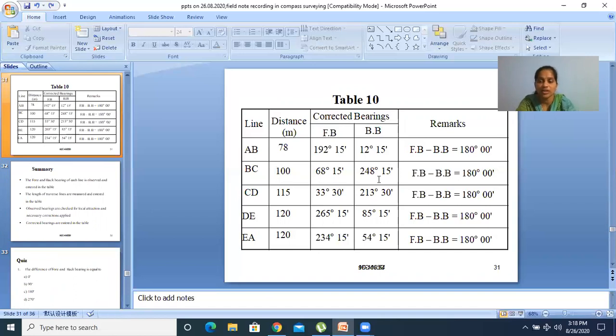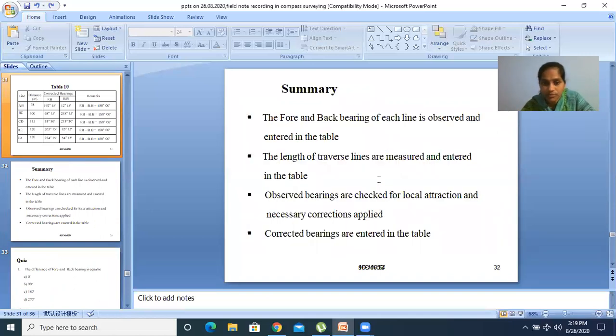Friends, hope you all understood. Is it okay? So likewise, we can do the field recording. In today's class, we saw the forebearing and back bearing of each line is observed and entered in the table.